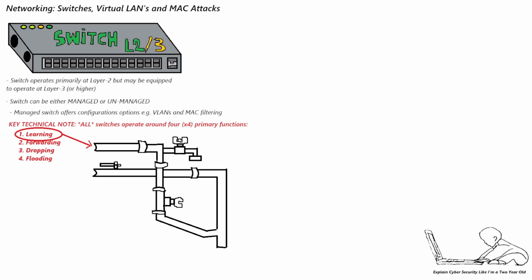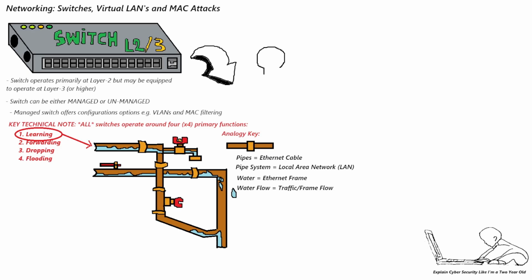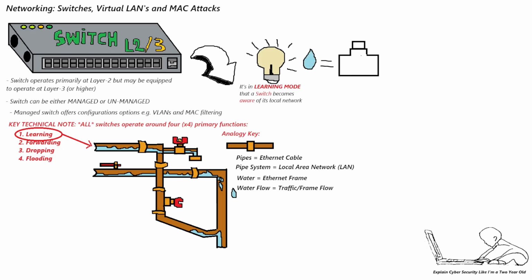Picture the legend key as the pipes being the Ethernet cable, the piping system being the local area network (LAN), the water being the Ethernet frame, and the water flow being the traffic flow of Ethernet frames. This water flow is known as the learning mode, which is where the switch becomes aware of its local network, the same way the piping system becomes aware of the water pressure and flow.